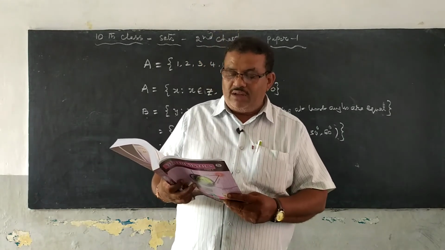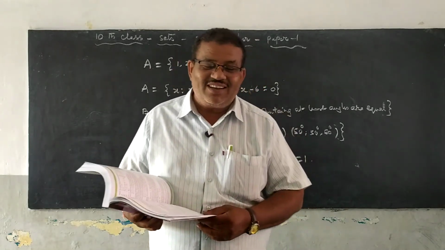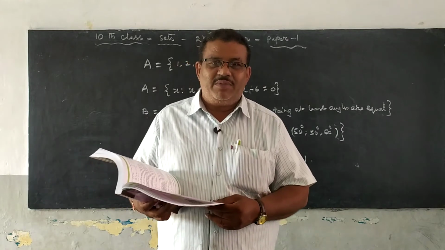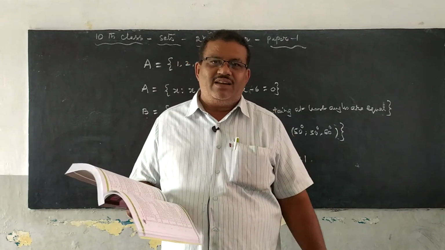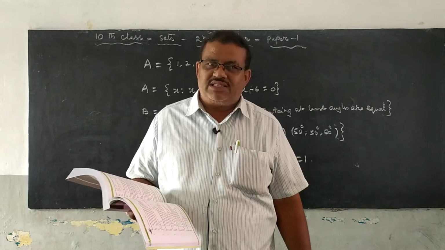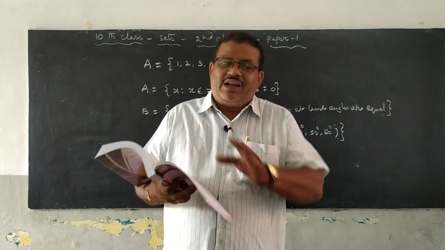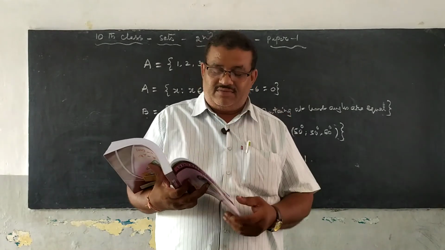Go to the fourth one, the collection of all boys in your class, is it a set or not? Definitely it should be a set, because our class contains, say, 16 or 17 members who are boys. So clearly we can write the names of the students, so it clearly is a set.